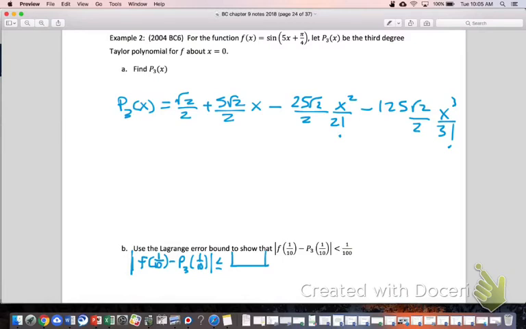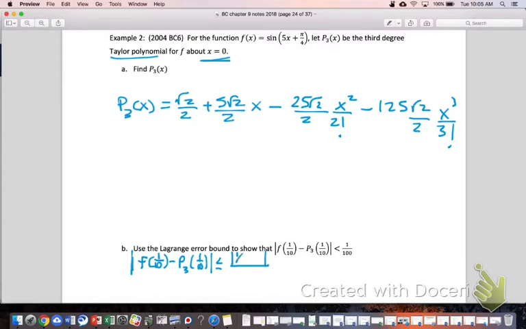0. It says Taylor polynomial for f about x equals 0. So that's where we find all of our values. All of our coefficients come from x equals 0. So that's called our centering point. And then 1/10 is what was plugged in, right? So p sub 3 of 1/10 is supposedly approximating f of 1/10. So x minus c or c minus x, because we're doing the absolute value, it really doesn't matter.